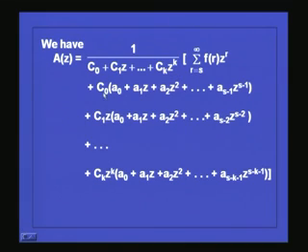So, you get C naught times (a_0 plus a_1 z plus a_2 z squared etc.), then C1 z times (a_0 plus a_1 z etc.), and so on up to C_k z^k times (a_0 plus a_1 z plus a_2 z squared and so on). So, you get a very good closed form expression for the generating function, and in general this expression will be such that it will be very easy to find a simple expression for a_r.